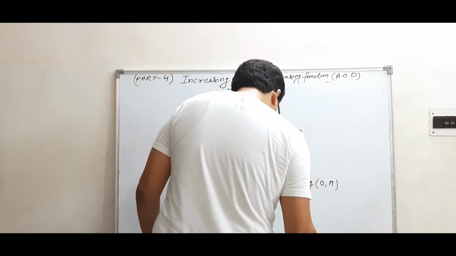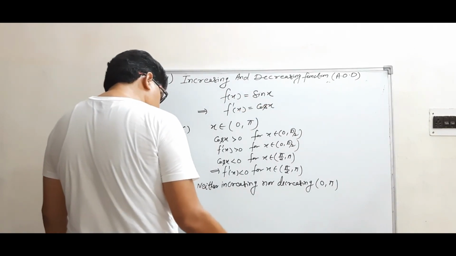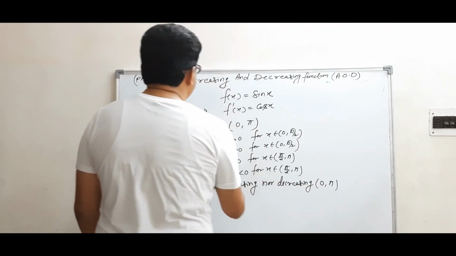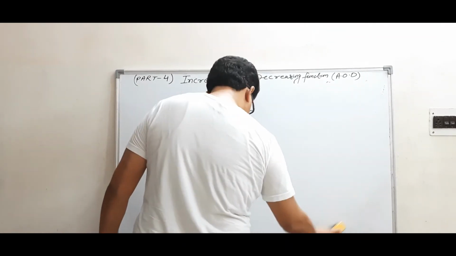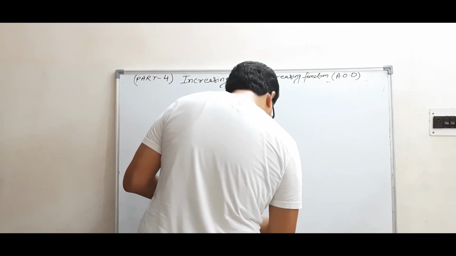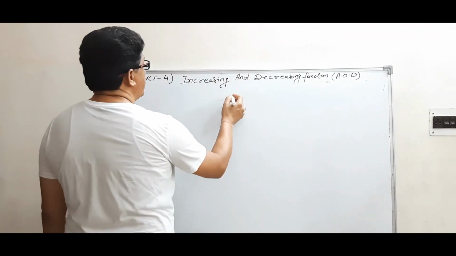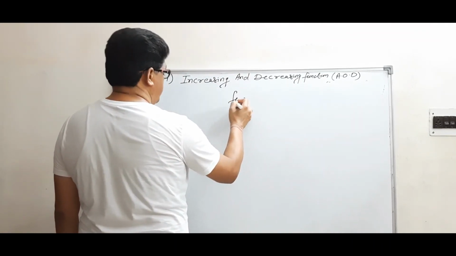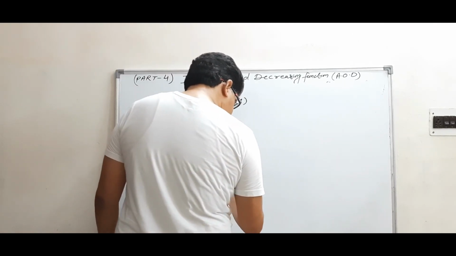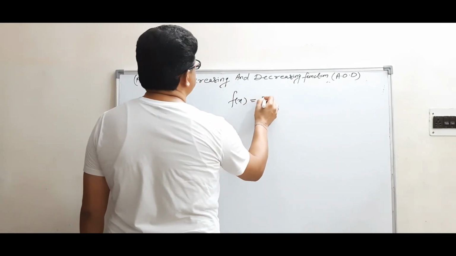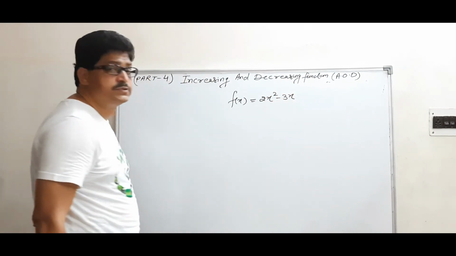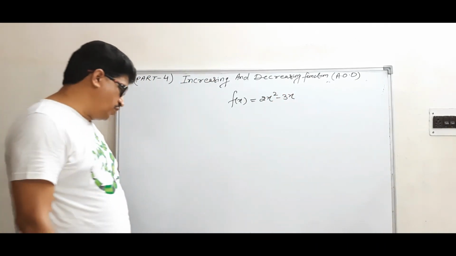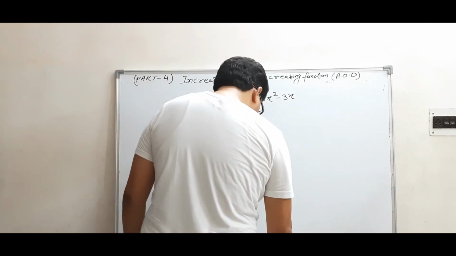Next question, question number 4. f x is equal to 2x square minus 3x.